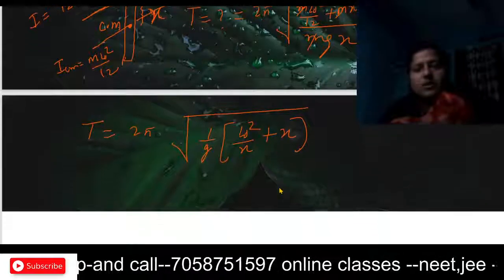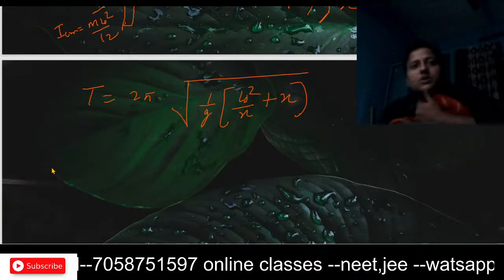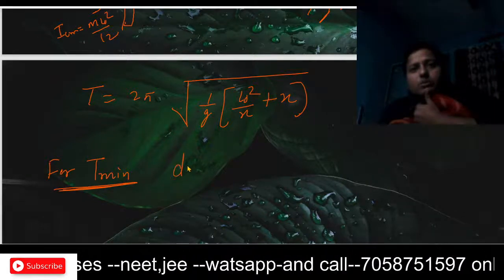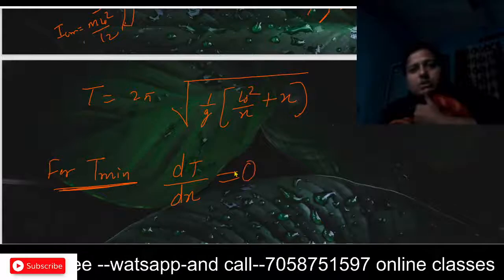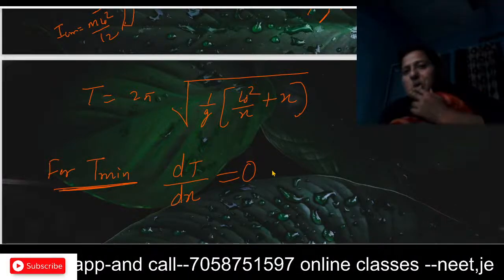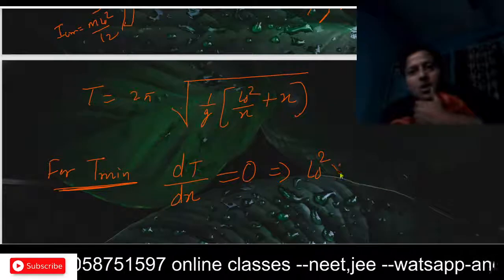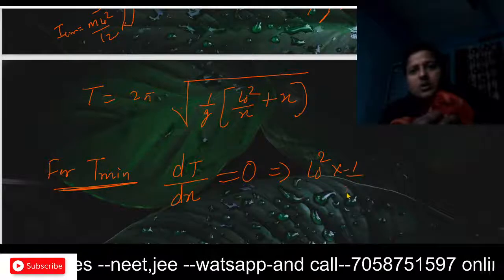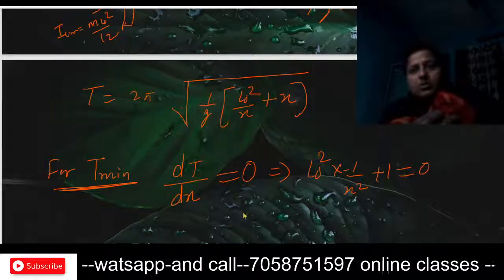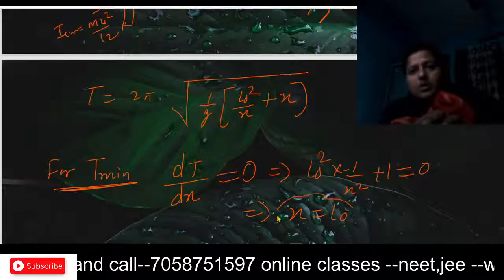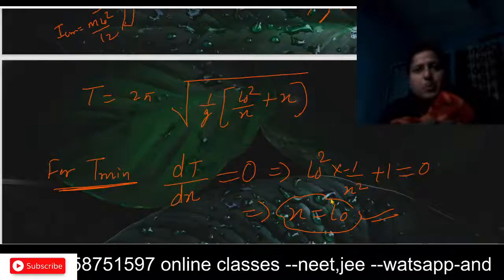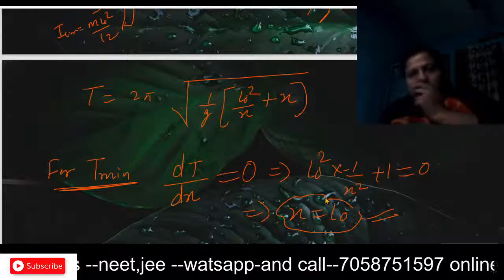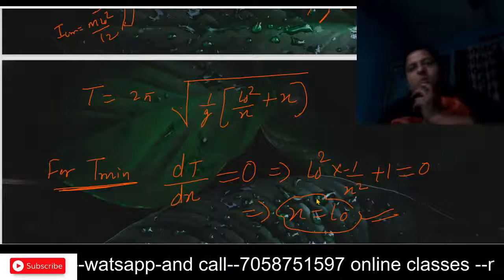This is the required time period. For the time period to be minimum, dT over dx must be equal to 0. So L0 square by 12 times minus 1 over x square plus 1 equals 0. It implies x equals L0 by root 12.